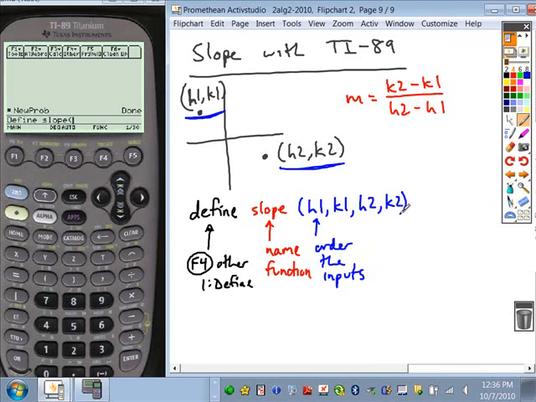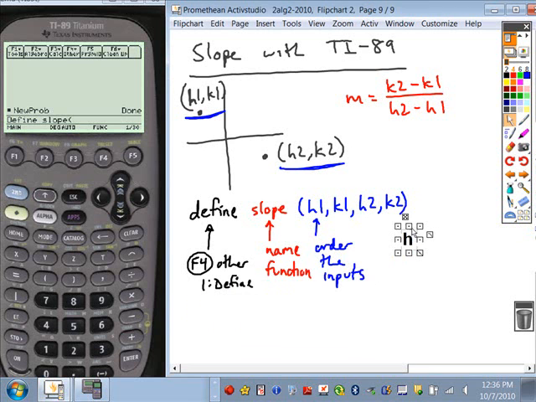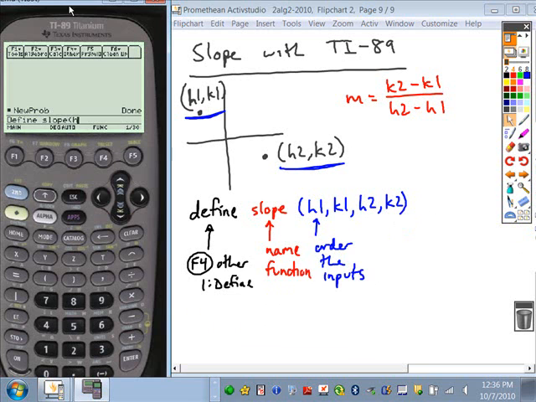Then close off our parentheses. So again, as we do that, you can just type it into your calculator. H1, comma, K1, the coordinates of your first point separated by commas. H2, comma, K2.